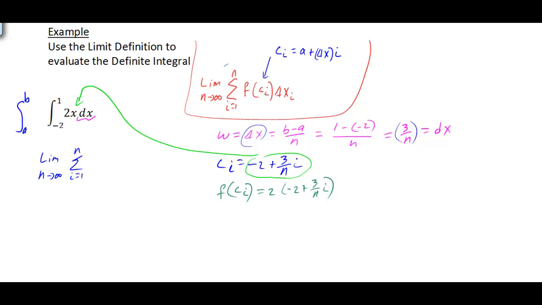Well, up here we have f of c sub i. Well, that's going to be 2 times -2 plus 3 over n times i. And then the dx, we found dx, or this delta x, to be 3 over n.